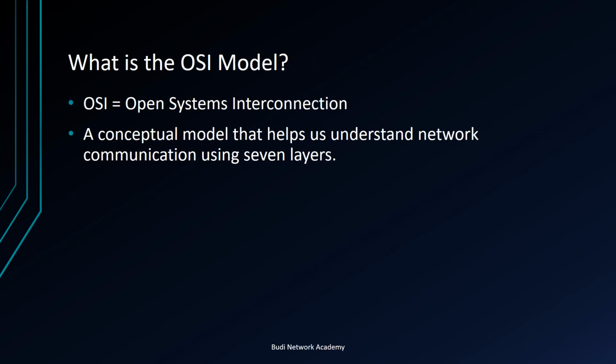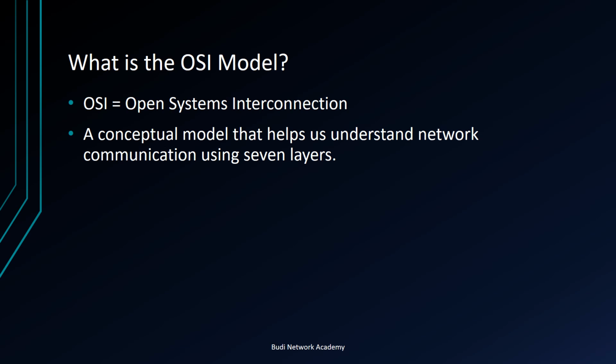So, what exactly is the OSI model? OSI stands for Open Systems Interconnection. It is a conceptual reference model that helps us understand how devices communicate over a network. The model has 7 layers, and each layer represents a different part of network communication.